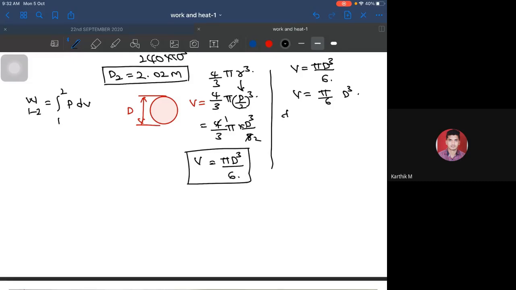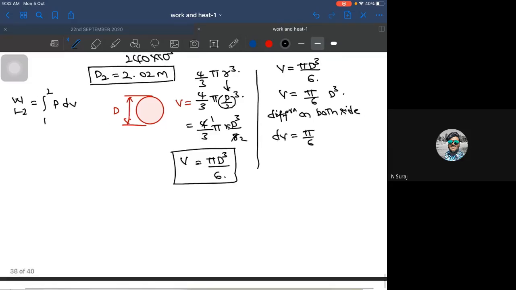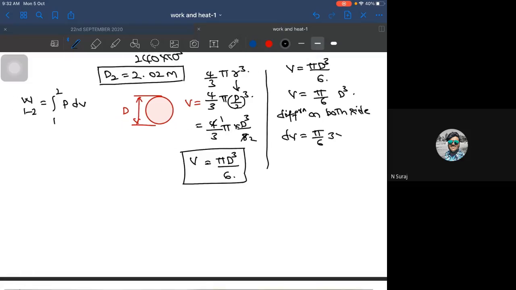If you differentiate on both sides, dV is equal to pi by 6, which is a constant, times the differentiation of d cube. Differentiation of x to the power of n is n into x to the power of n minus 1. So d cube differentiates to 3 into d square. Am I right?